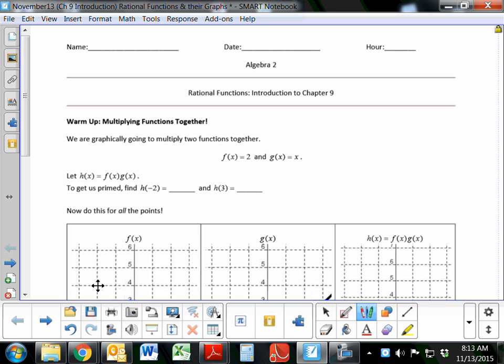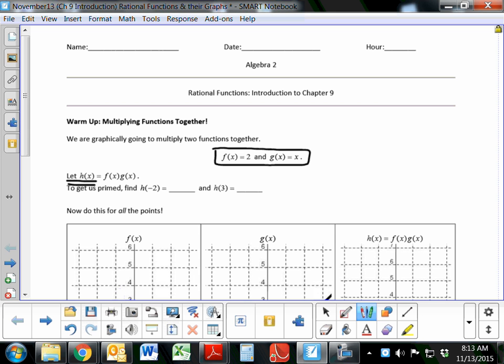I want you to look at what's going on because there's a lot of notation. So here's our Algebra 2 advanced notation. It says right here in the middle, f of x equals 2 and g of x equals x. Then it says, let h of x equal f of x times g of x.